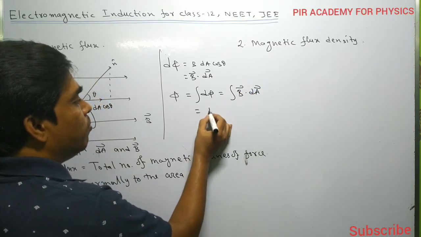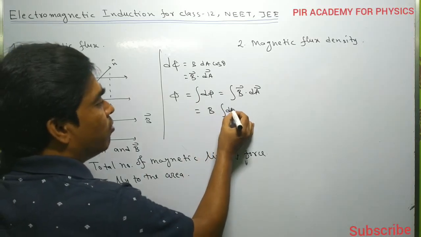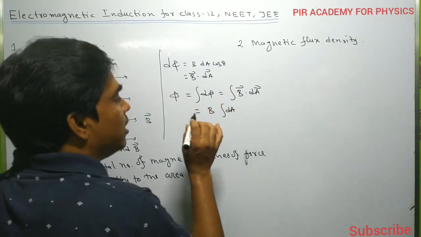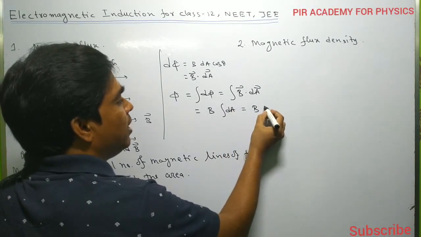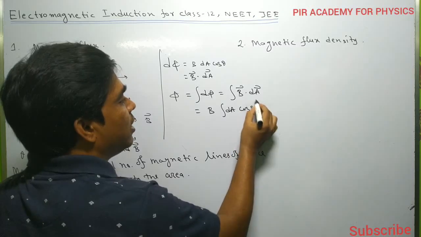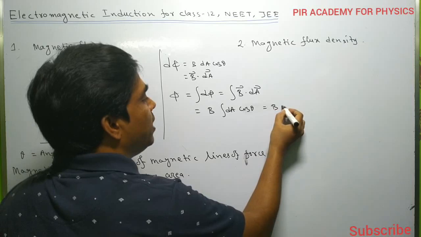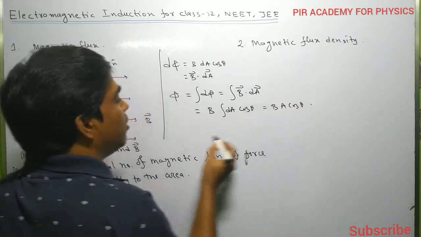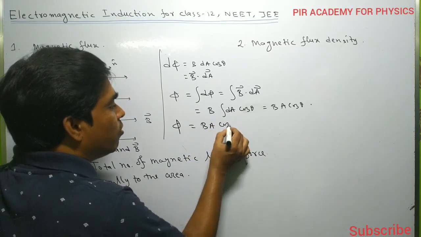B is constant and uniform, so if we integrate dA we get the total area A. Because this is a dot product, this will be BA cos theta. That means flux equals BA cos theta.